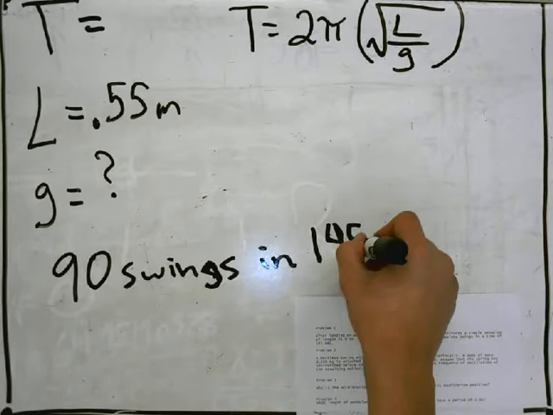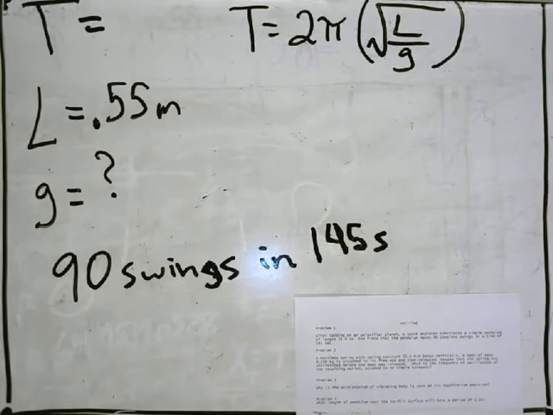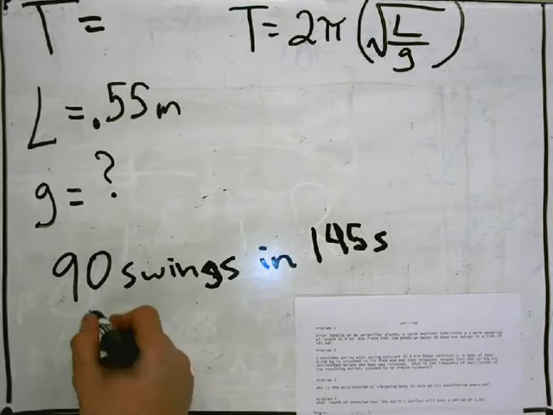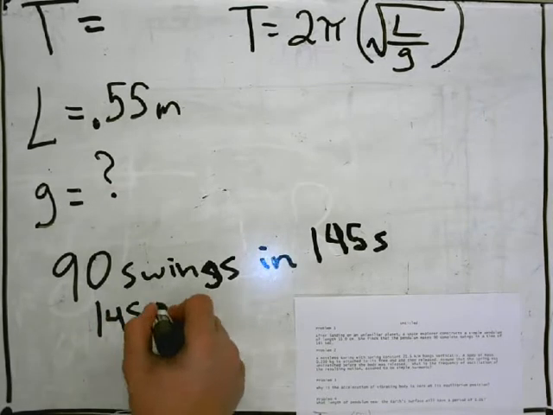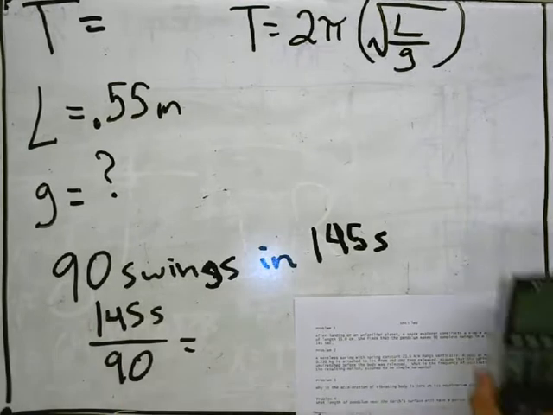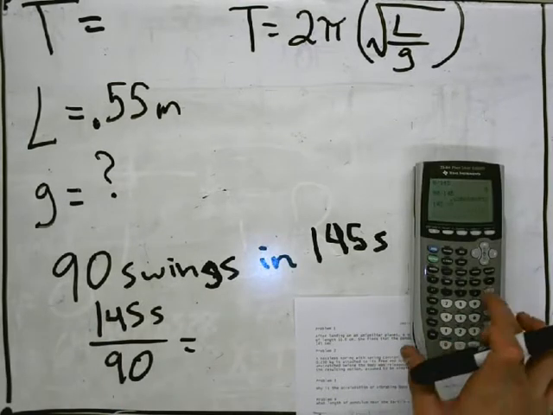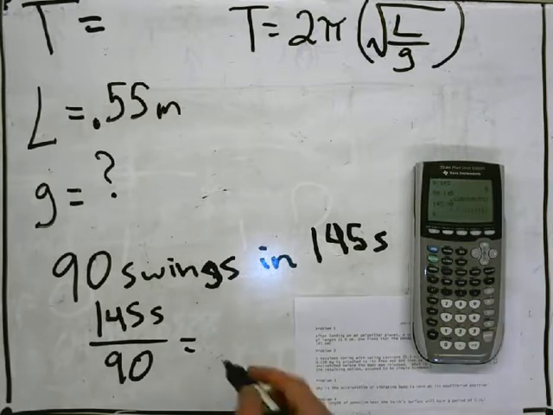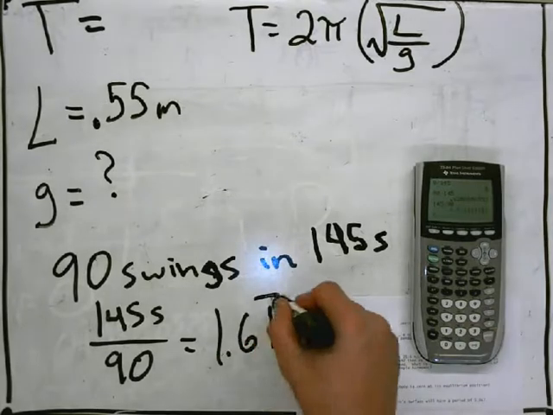So to find how long it's going to take it to complete a swing, we're going to have 145 seconds divided by 90. And then when we plug that into a calculator, we get that it is 1.61 repeating seconds per swing.